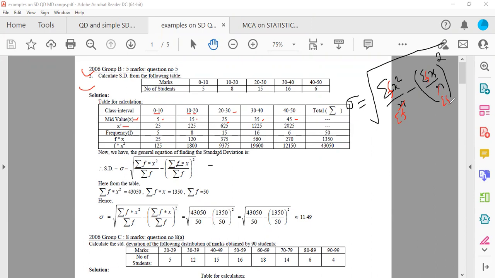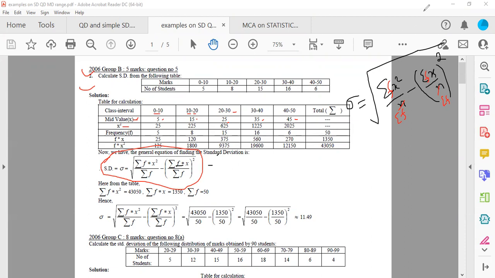You see this formula here: summation f x square by summation f minus summation fx by summation f, whole square. So n is replaced by summation f, x square is replaced by f x square, and x is replaced by fx. That is the basic difference between these two formulas.